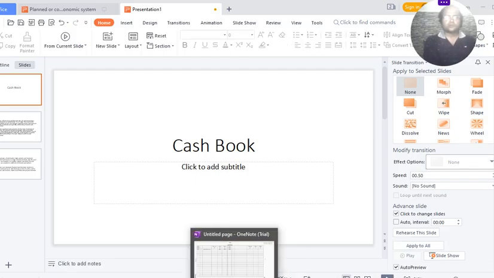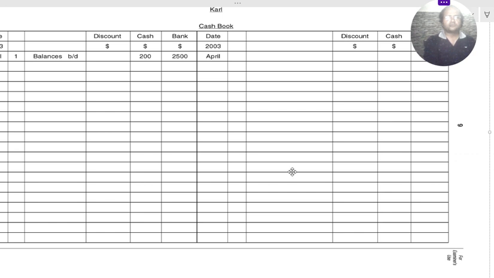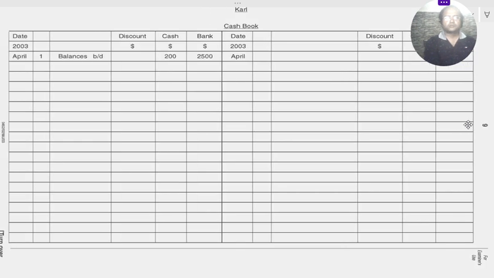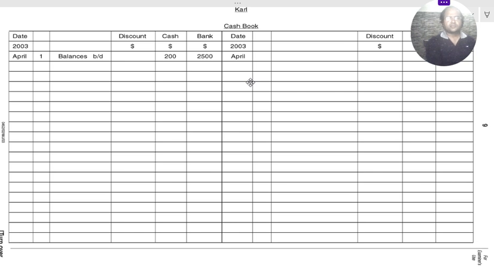So this is the column layout of a cash book. Here on the debit side, we record all the inflows, right?